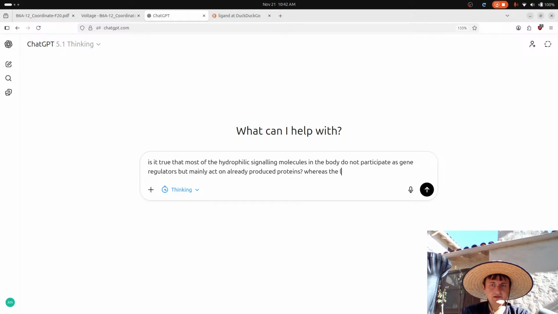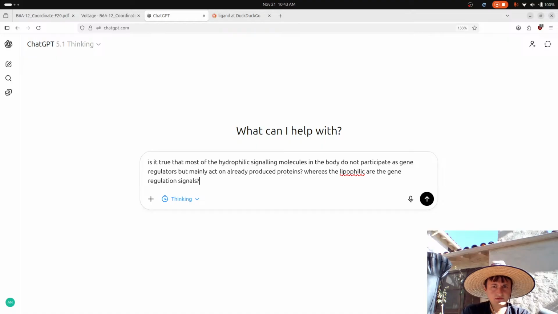Whereas the lipophilic are more the gene regulation signals.